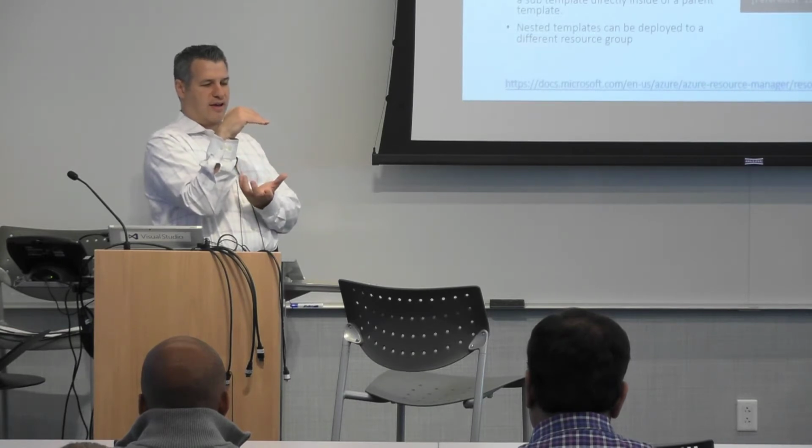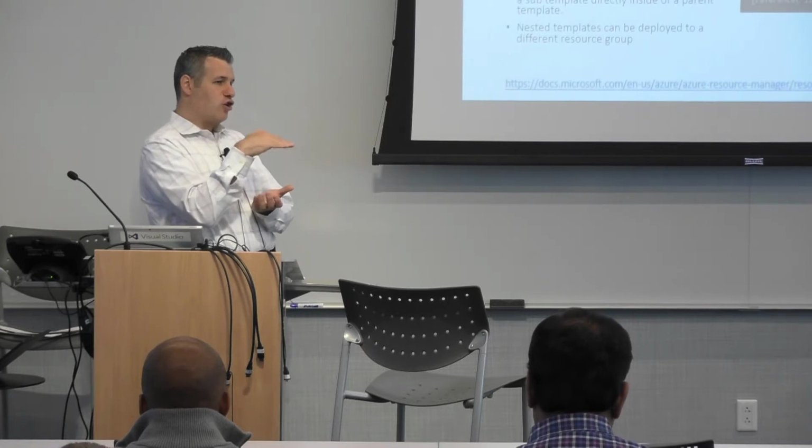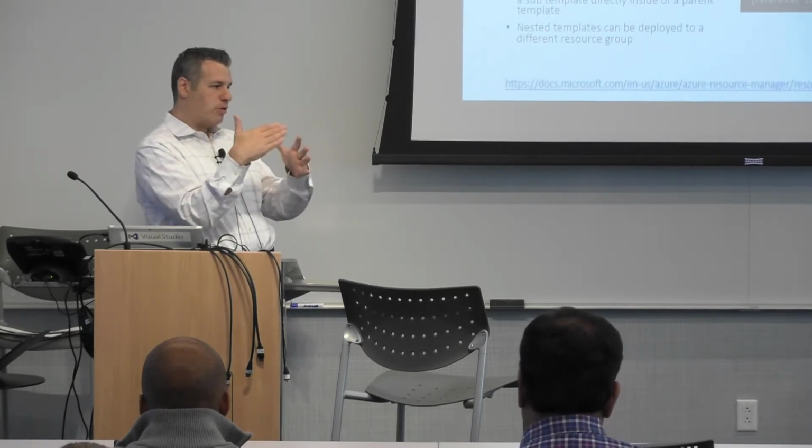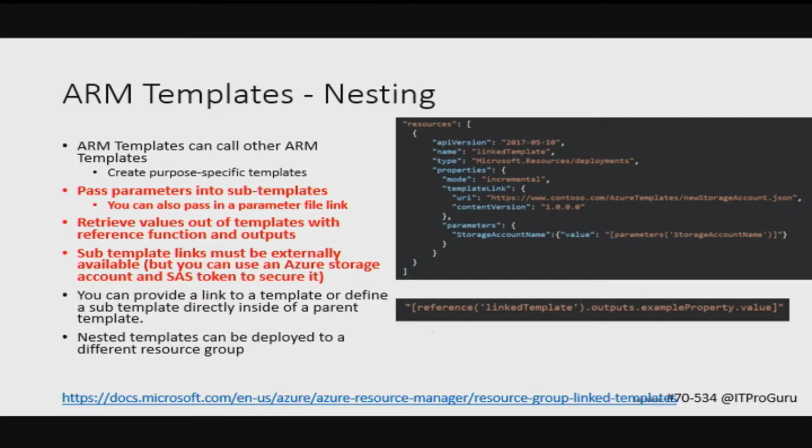And that way, you can use a generic template that calls subtemplates, and you can really build a complex set of these templates that all meet your standards and whatever requirements you have, but aren't tightly coupled to each other. So that's a nice capability.